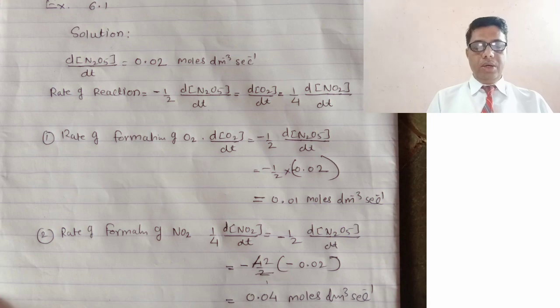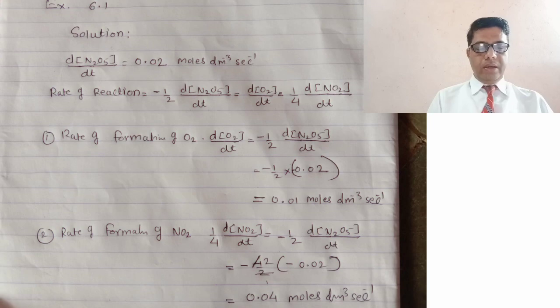According to the instantaneous rate equation, 1 by 4 dNO2 by dt is equal to minus 1 half dN2O5 by dt. Put the values: minus 4 upon 2, you have to shift the 4 to the right side. So 4 upon 2 into bracket minus 0.02.